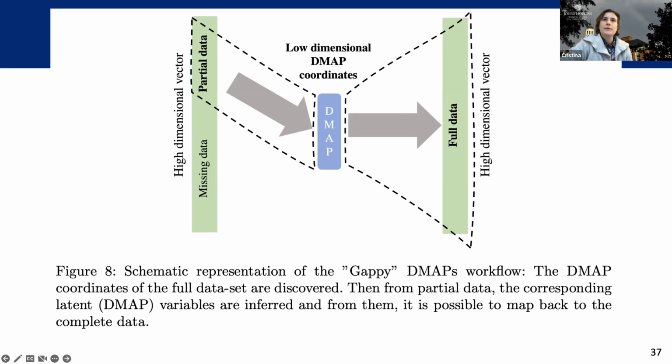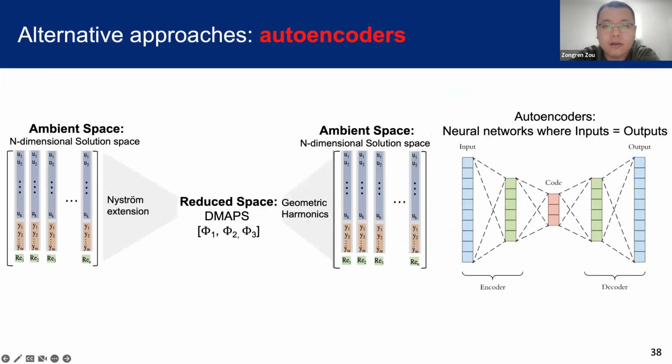So first, the diffusion maps is learned from including some of the velocity data. Right. My question, could you go to the next slide? Yeah. So here in the autoencoder, we're pretty familiar with autoencoders. So I'm wondering, how do you achieve recovering missing data using an autoencoder? Say, for instance, you have the data here, and those data are missing, how do we use an autoencoder to recover it?